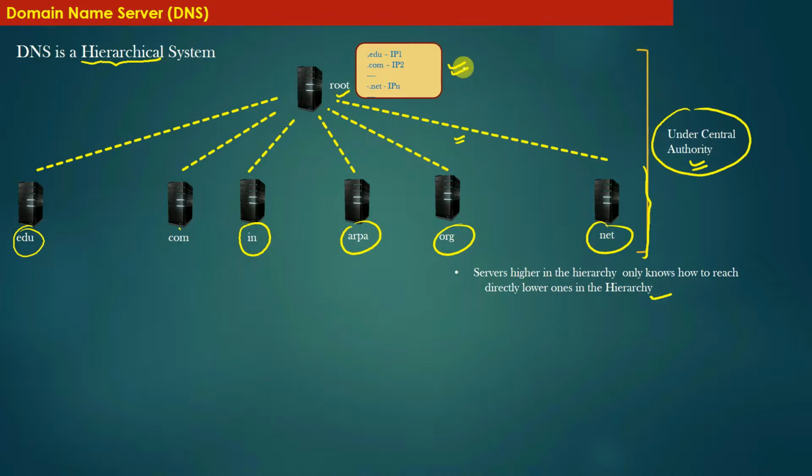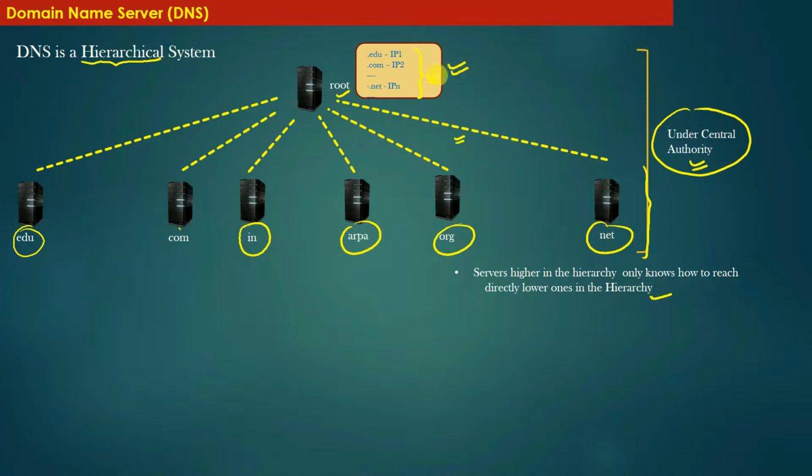In this database, the root DNS server knows the IP address of all the top level domain DNS servers. Now, top level domain DNS servers are the direct children of the root DNS server. Therefore, the root DNS server is supposed to know only the IP address of DNS servers which are its direct children.